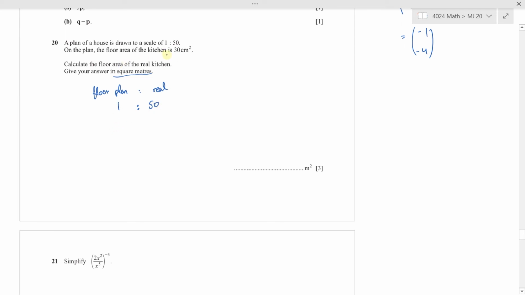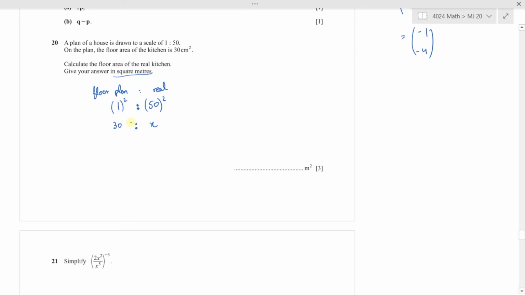Since now you're considering the area of the kitchen, I will take the square of the scale because we want to calculate the area. And the area of the kitchen on the floor plan is 30 centimeters square. And we have to find the real actual area of the kitchen. So let's assume that value is x. So 1 square ratio 50 square and 30 ratio x here.